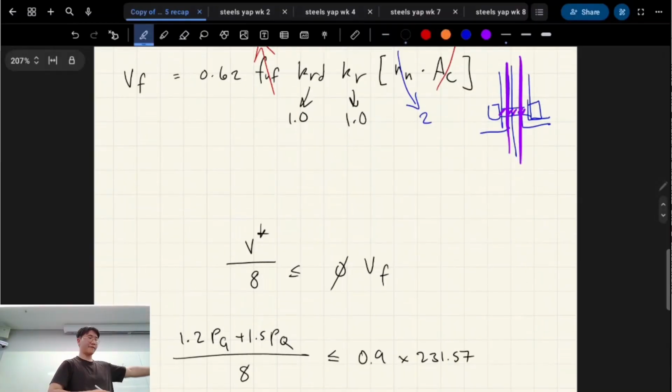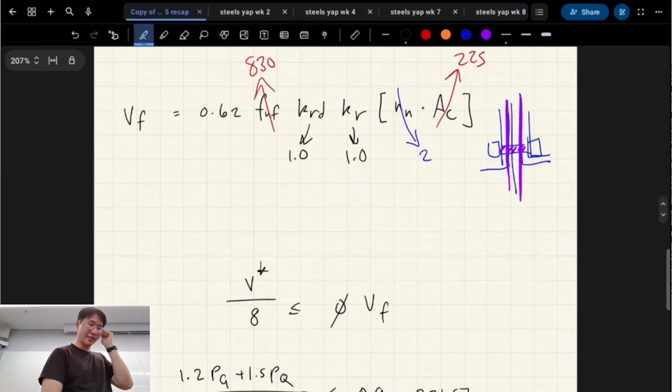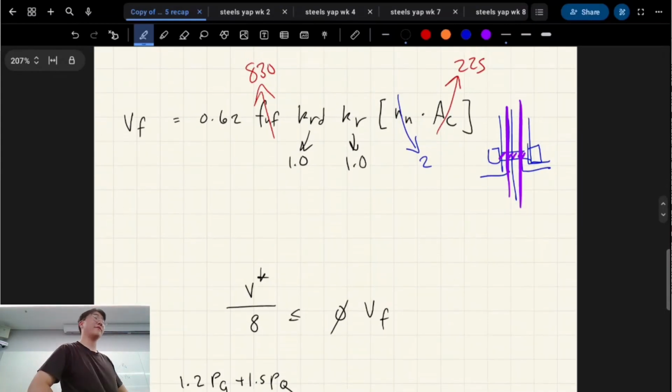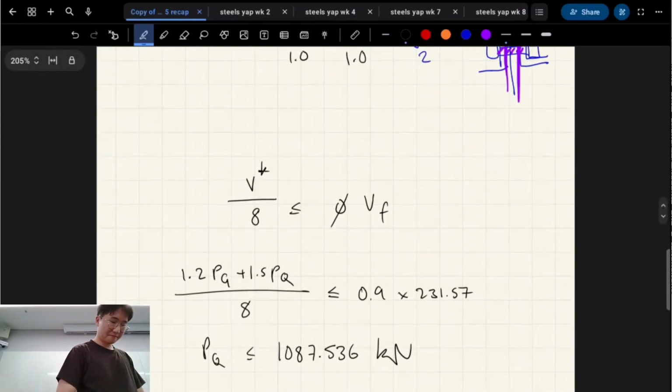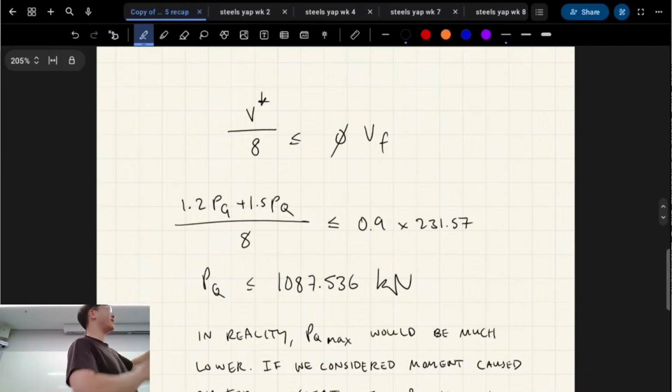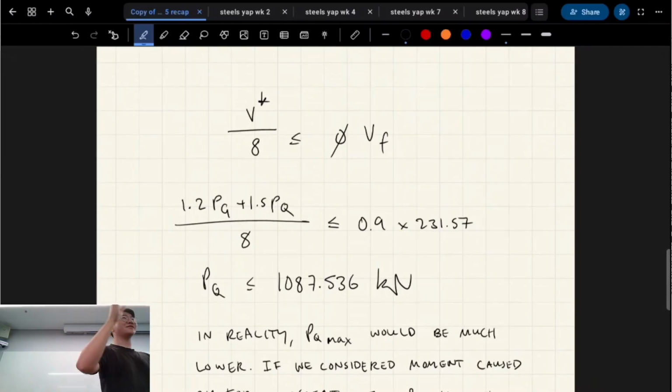Okay, so what was it? Oh, that was the shear. And N is the number of shear planes that are intercepting the threads. So now we have the overall shear force, which is happening at that place, right? And then it's divided by 8 because we're saying that there's 8 bolts that are all equally contributing, which they're not. And then VF is the capacity per bolt, right?